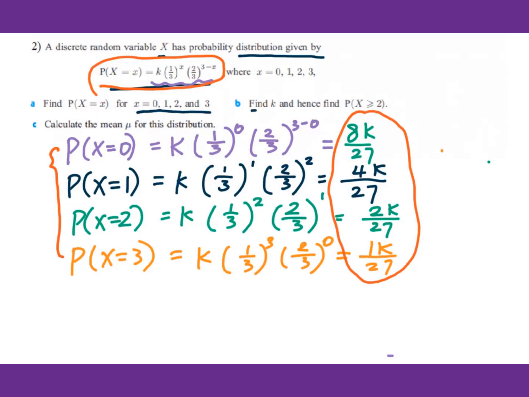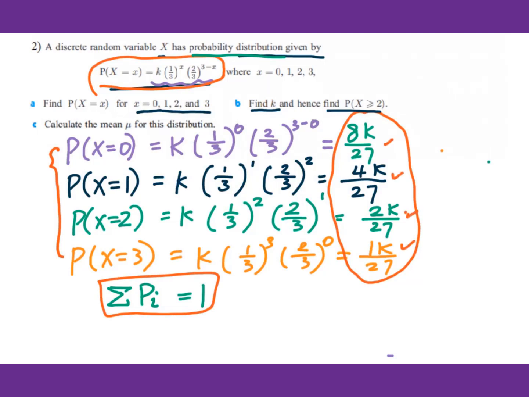For B, find k, hence find the probability x greater than or equal to 2. Since this is a probability distribution, therefore, all the probability will be equal to 1. Therefore, I need to add all these 4 equal to 1.